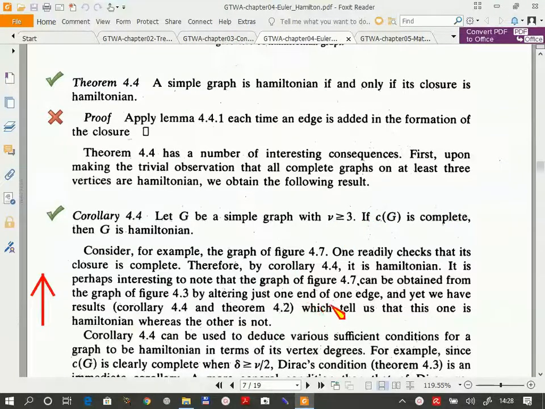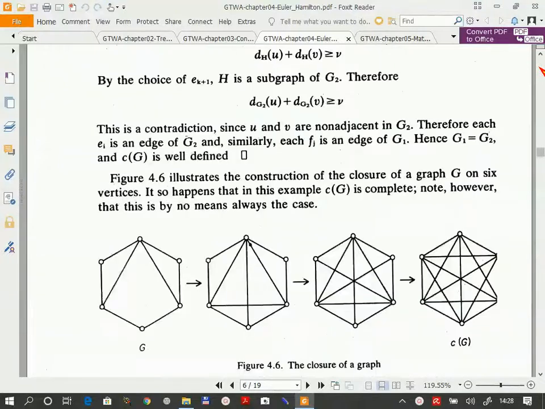The graph, okay, that's good. The graph of figure, okay. Figure 4.7 can be obtained from the graph of figure 4.3, but altering just one edge. So let's see 4.3.